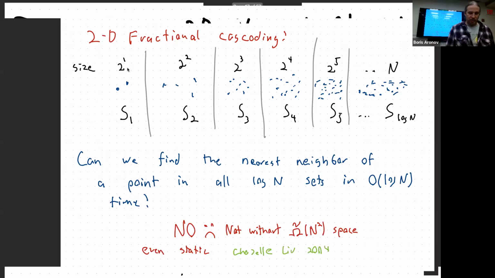Unfortunately, Chazelle says no. He proved a lower bound in 2004 that says if you want to find the nearest neighbor in log n sets of points in log n time, you need at least quadratic space. So he says no, you can't do this. Not possible. So we need to get around this.